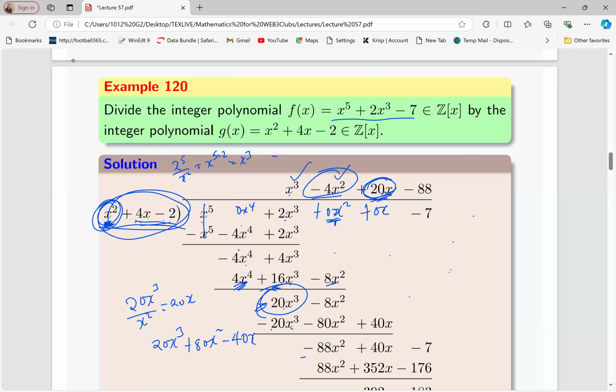Now this result, I'm supposed to subtract from this, so I write minus. When I write that, this minus just distributes inside, and I have this, that, and that. Then add the results. This gives me 0. This gives me negative 8x squared, and then 80x, and then I bring that one down.